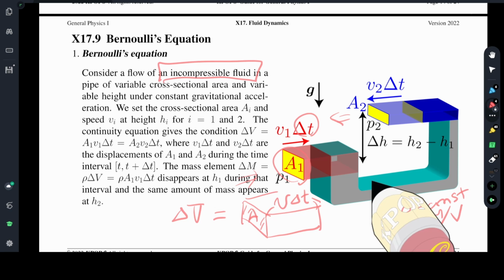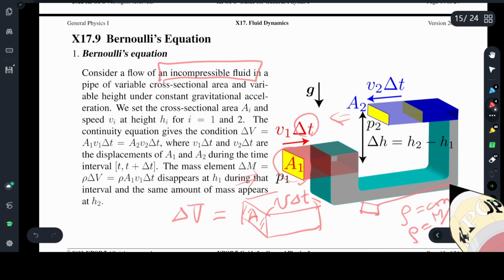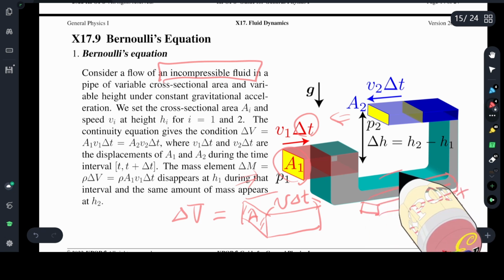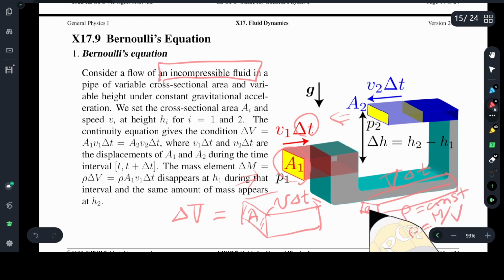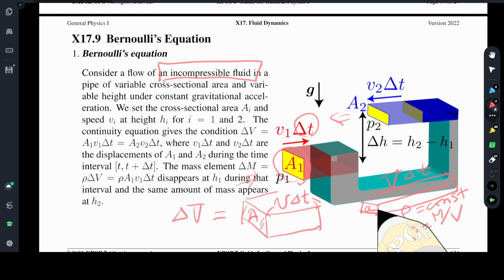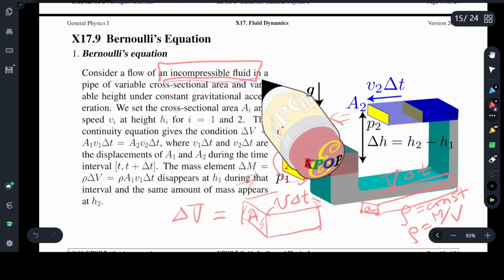And on the right side, the cross-sectional area is smaller. Then, to keep the volume the same, the velocity should be bigger. So v delta t, and area is small. This is conservation of mass, and conservation of volume is due to the incompressibility of this fluid.